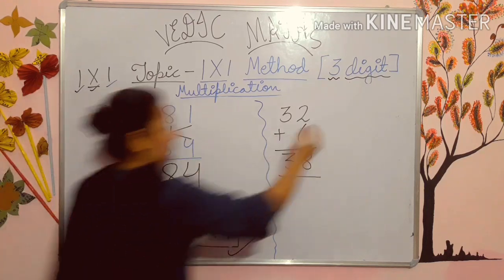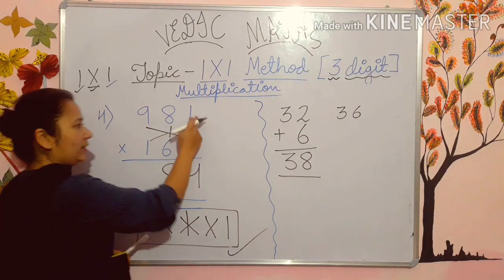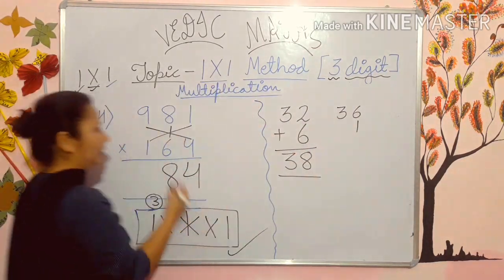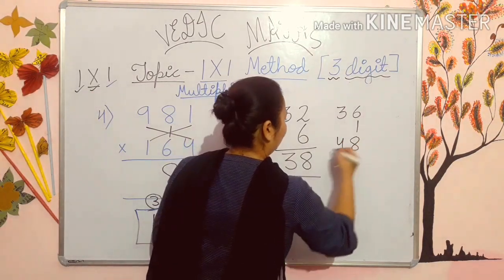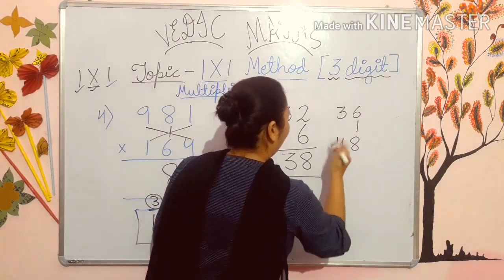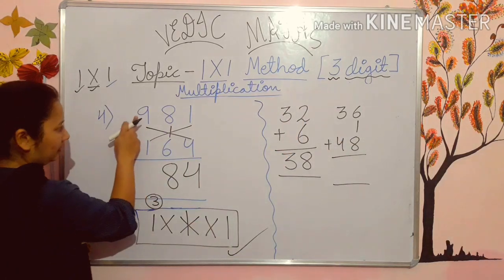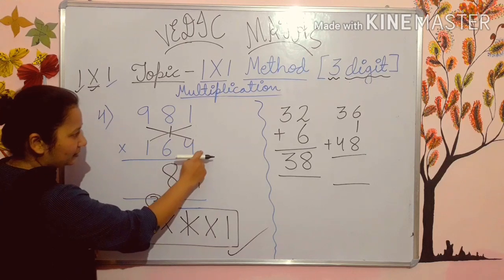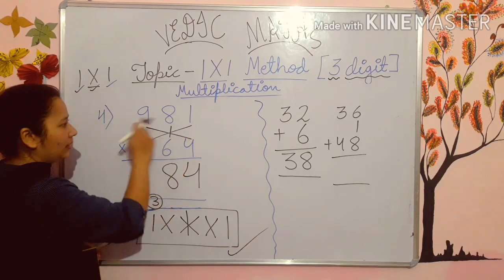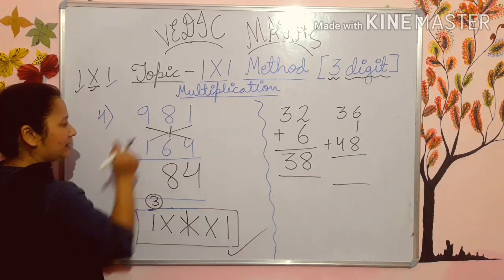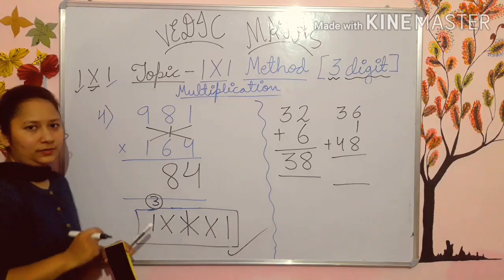9 fours are 36. 1 ones are 1. 8 sixes are 48. And add them. Again I am repeating, kids. Multiply this, this and this also. 9 fours are 36. 1 ones are 1. 8 sixes are 48.